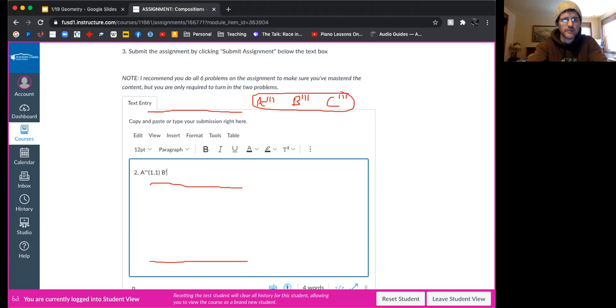B triple prime is 4, 3. And C triple prime, obviously I'm making these numbers up, negative 7, negative 5. Okay, so that's all I need to type. That's the only thing you need to show me.